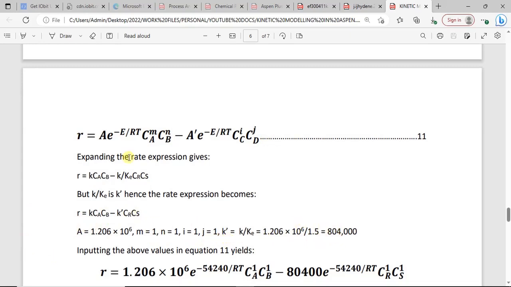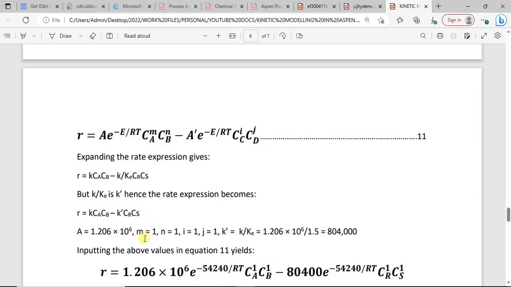If you compare this with equation 11, you have that A will be equal to 1.26206 times 10 raised to power 6, which was given in the question. Then M, N, I, J are all 1, because CA is also CA raised to power 1, CB is CB raised to power 1, CR is CR raised to power 1, and CS is CS raised to power 1.